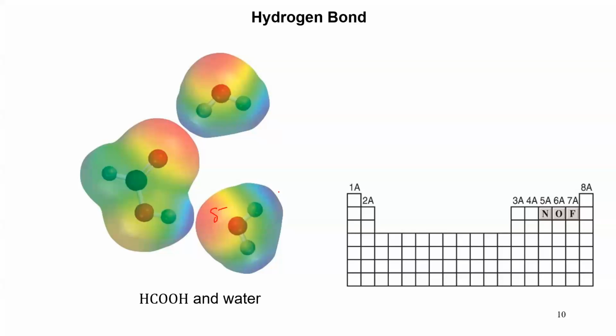So here's our partial negative, and here's our partial positive. And so here we have another oxygen, and he's got a partial negative. And this hydrogen has a partial positive. And here's another water molecule. We know how he goes.